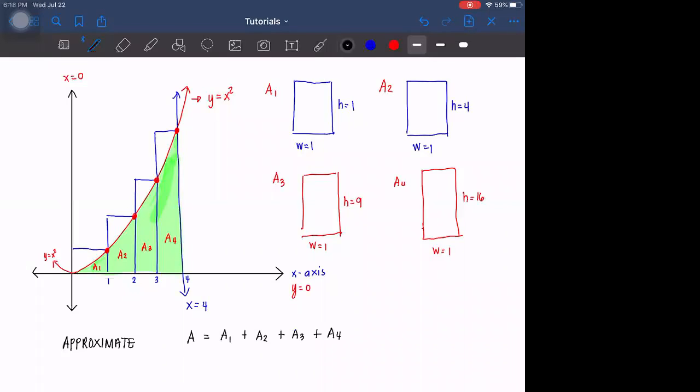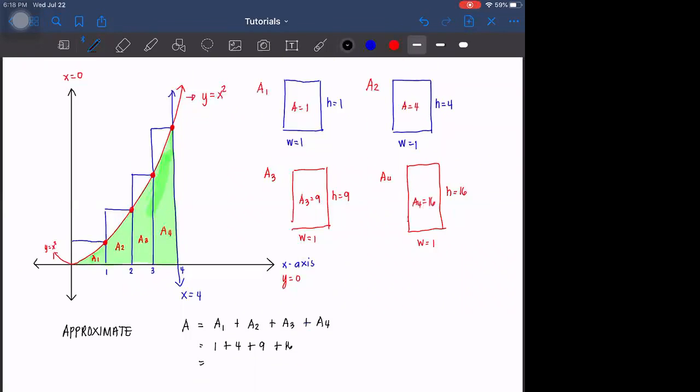Area is length times width: height 1 times width 1 is 1, area 2 is 4, area 3 is 9, area 4 is 16. So 1 plus 4 plus 9 plus 16 is 30 square units.